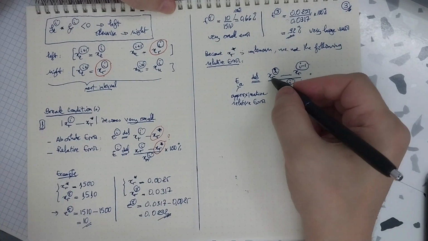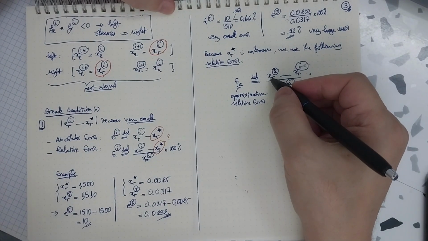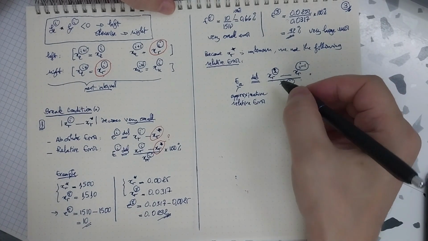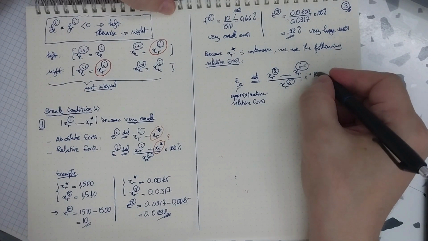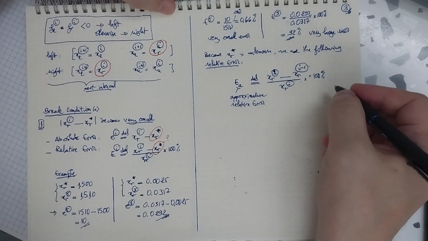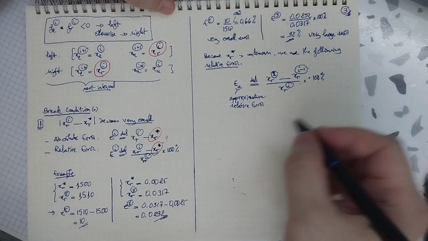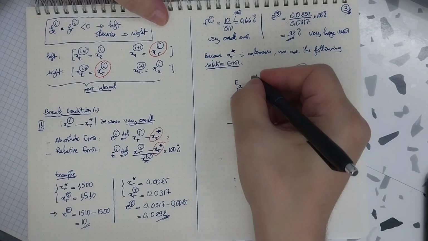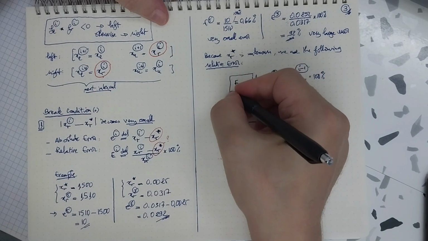So the current value of the false point minus its previous over its current, times 100%. Because if you see, this is the error we will use.